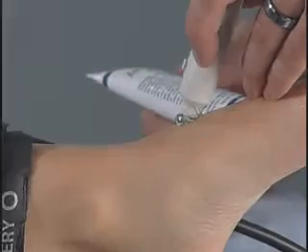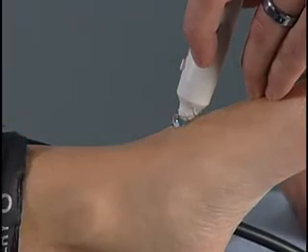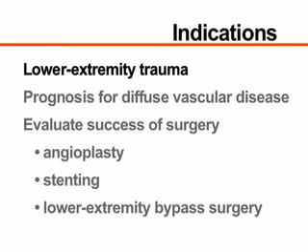In addition, the Ankle-Brachial index is indicated in the evaluation of vascular compromise in patients with lower extremity trauma. It may also be useful to estimate prognosis in patients with diffuse vascular disease and to evaluate the success of an interventional or surgical procedure such as angioplasty, stenting, or lower extremity bypass surgery.